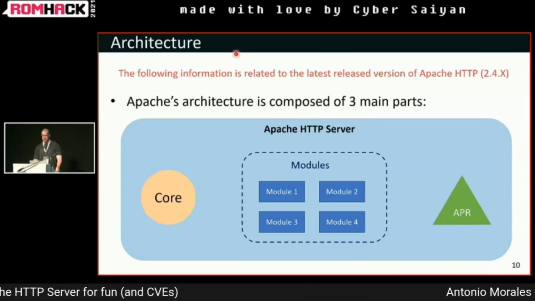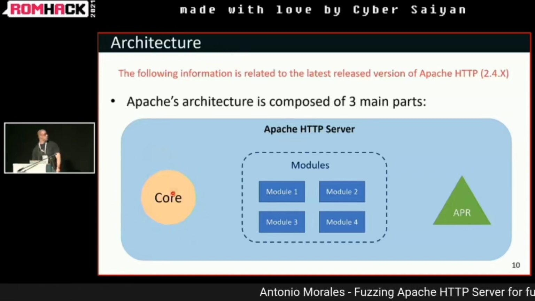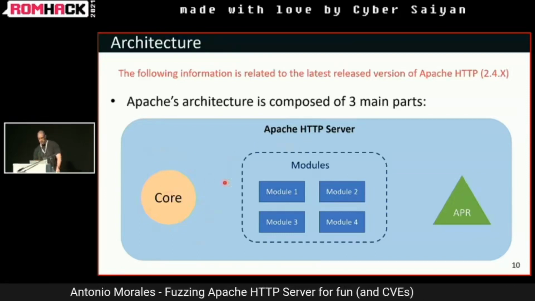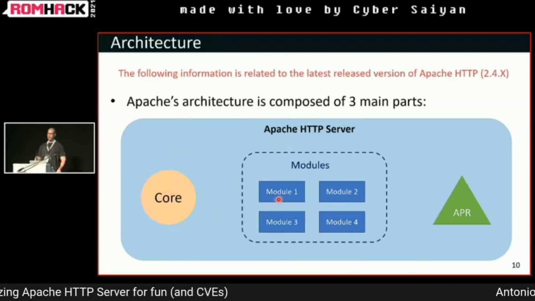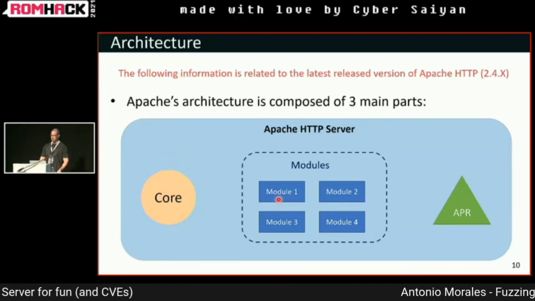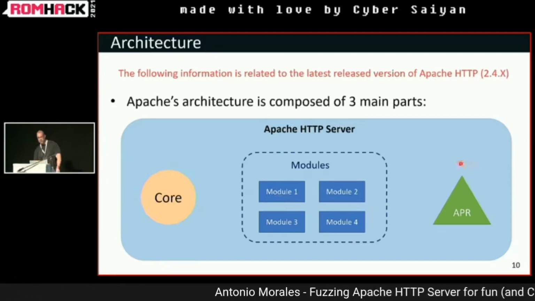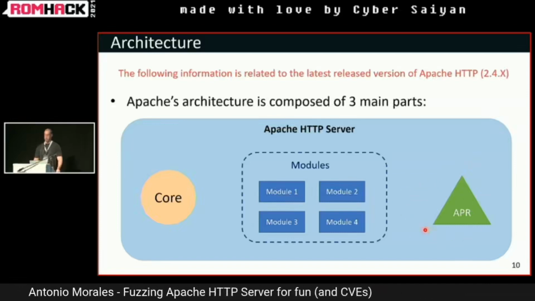The first part is the Apache core that includes some basic functionalities of Apache. Then we can find the modules. The modules implement most of the functionalities of the web server. And then we have the APR, the Apache Portable Runtime library.